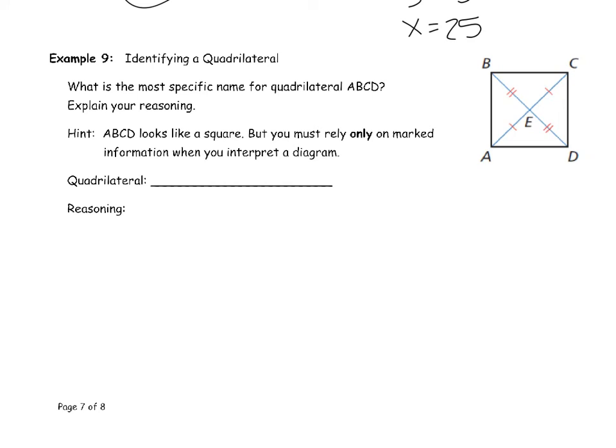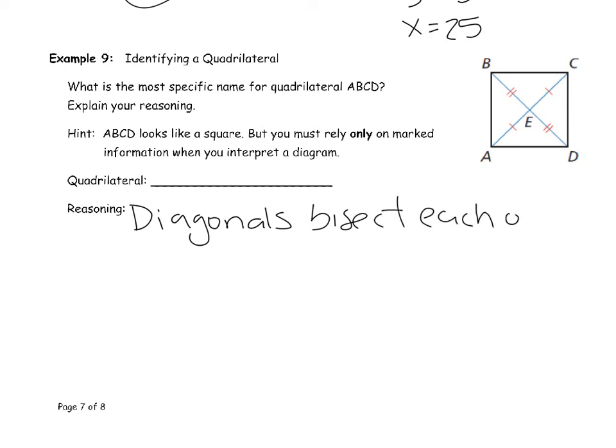One thing I do see is that we have diagonals that bisect each other. So I'm going to write that. Diagonals bisect each other, which I know is a property of a parallelogram. So right now I know it's a parallelogram. That's all I got.